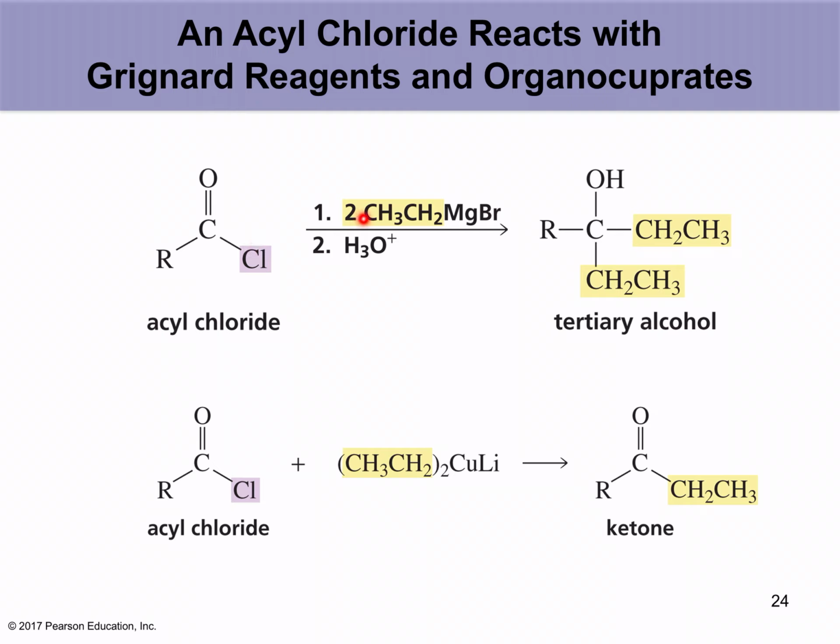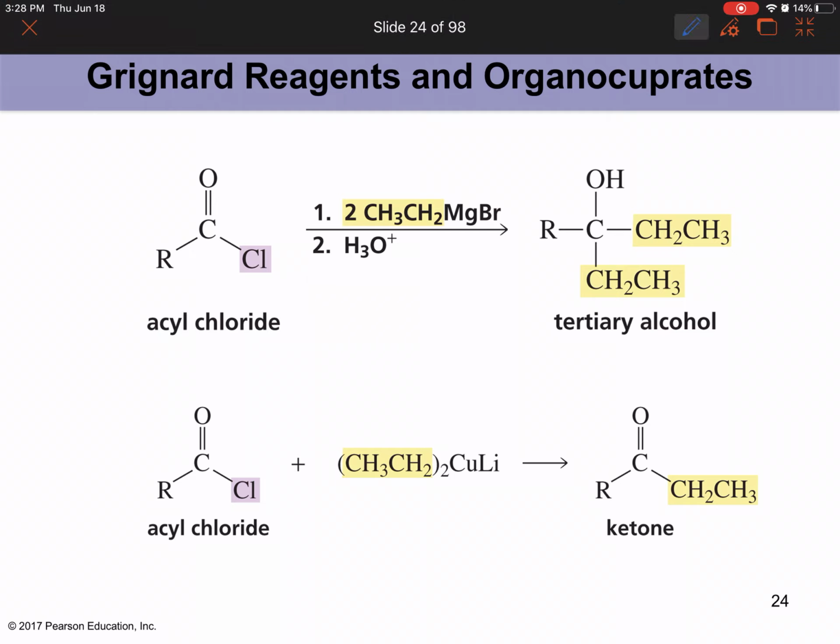Okay, so adding ethyl magnesium bromide, similar to the mechanism that we had shown in the previous slide, carbon attacks the carbonyl carbon, the pi bond opens up, reforms, and then it would leave chloride and forms the intermediate RCO CH2CH3 with one ethyl magnesium bromide. So the second ethyl magnesium bromide reacts with this ketone to give you the tertiary alcohol.